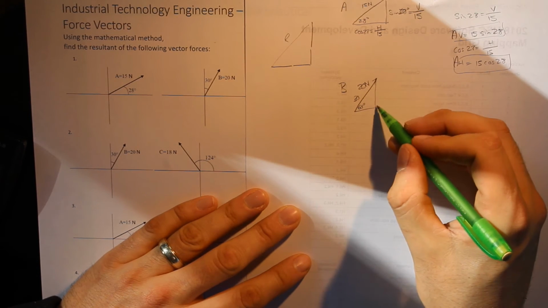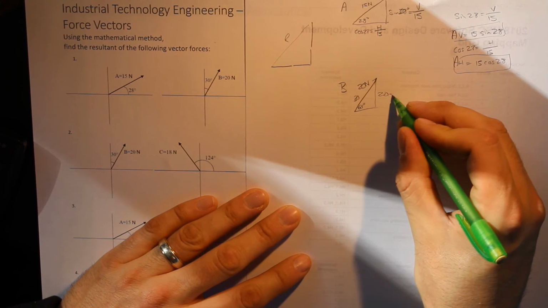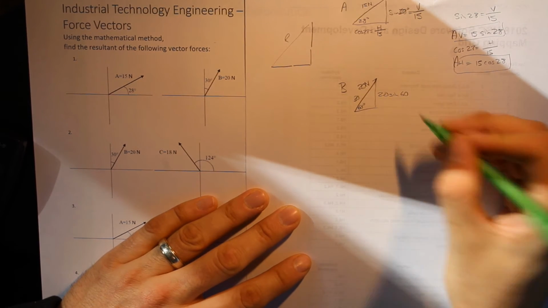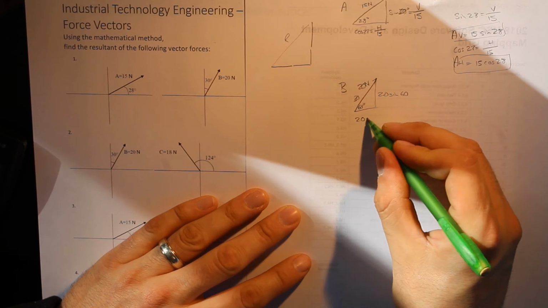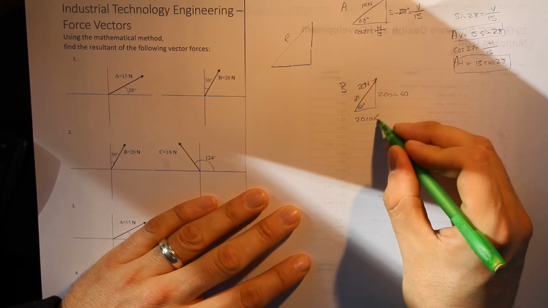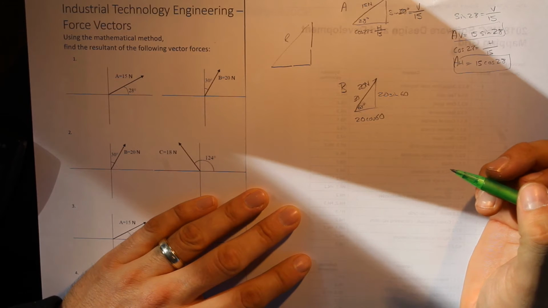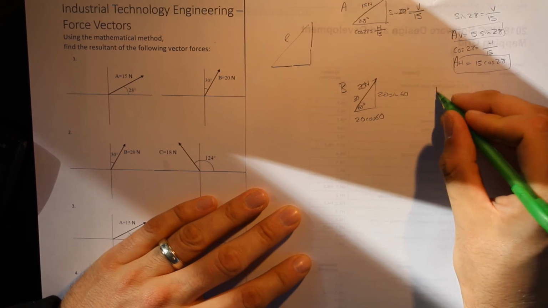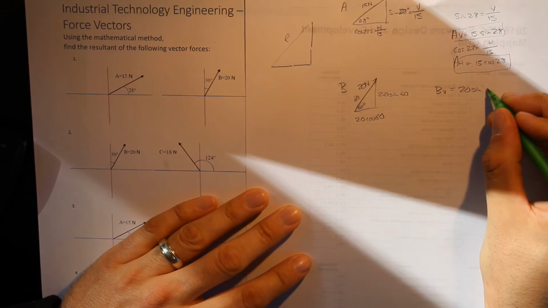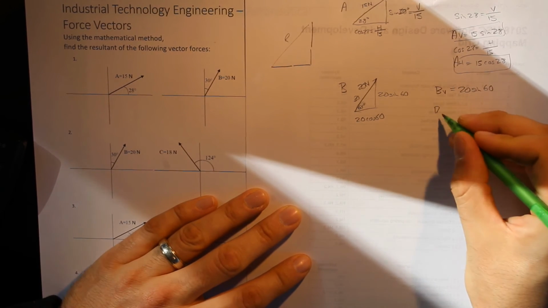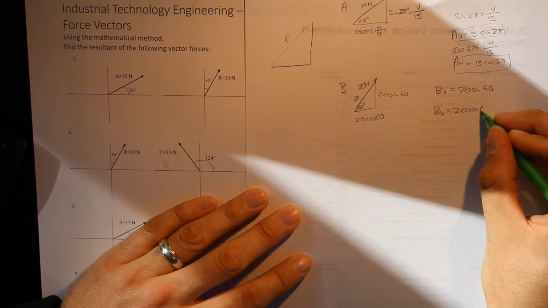So the vertical component will be the magnitude sine the angle, and my horizontal component will be the magnitude cosine the angle, given that we're dealing with this angle here. So B's vertical component is equal to 20 sine 60, and B's horizontal component is equal to 20 cosine 60.